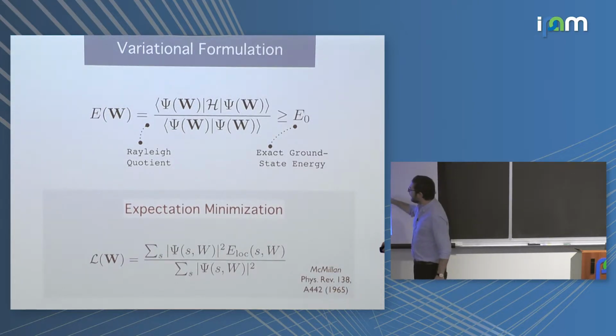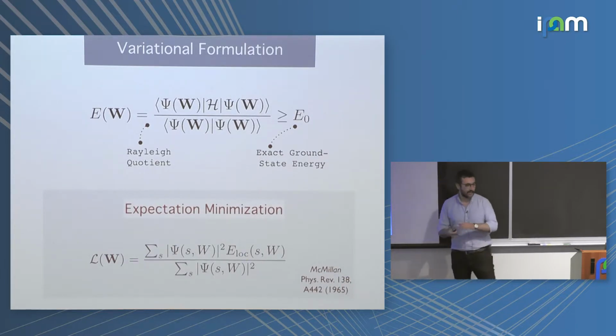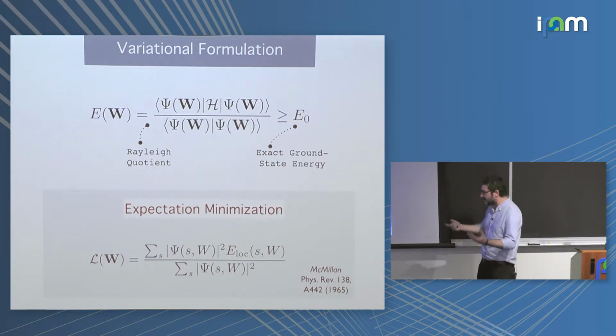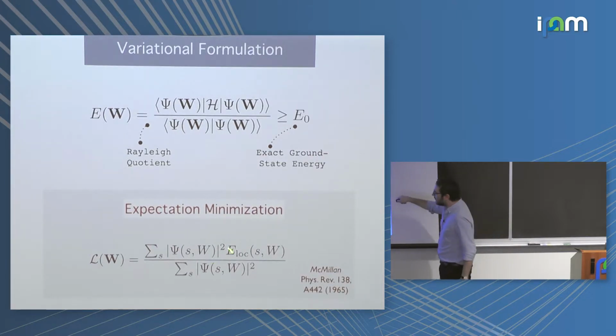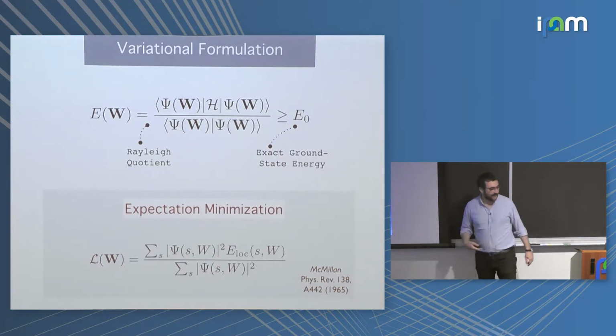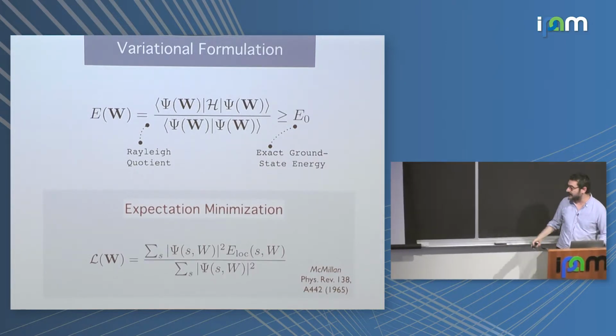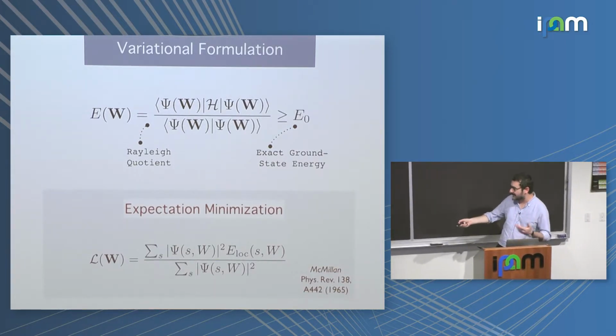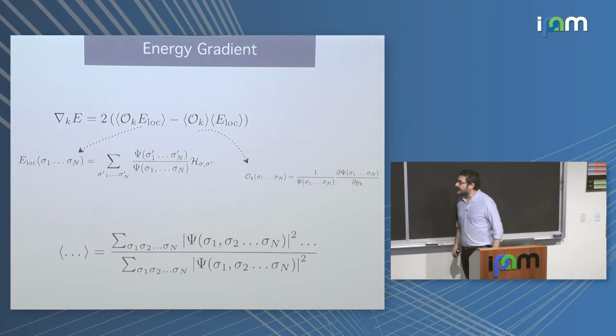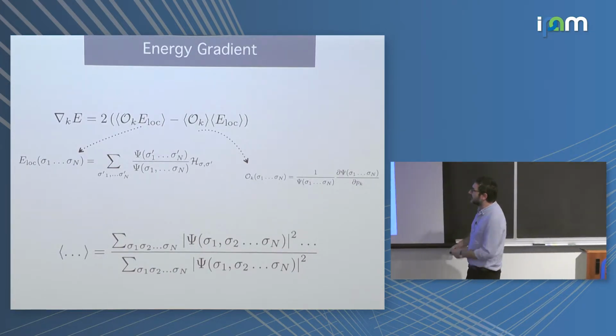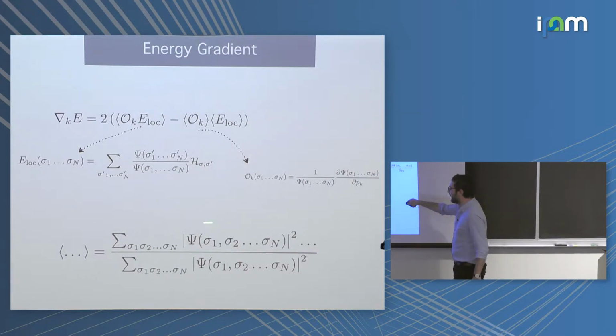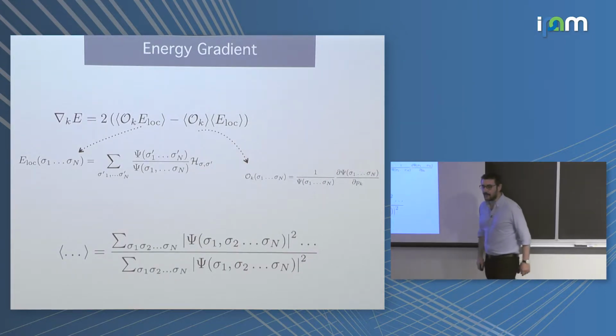You rewrite the expectation value of the quantum Hamiltonian as the expectation value of an object that we call the local energy, that depends only on psi and on the Hamiltonian, and is efficient to compute, over this quantum probability distribution psi squared, the Born probability distribution. So we can rewrite everything in terms of expectation values over this classical probability distribution. And the other important thing is that the gradient can also be rewritten in terms of expectation values over this high-dimensional probability distribution.